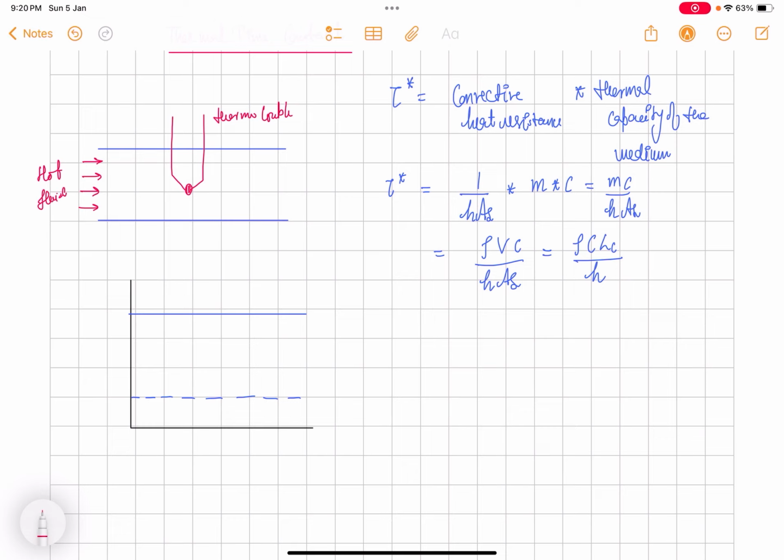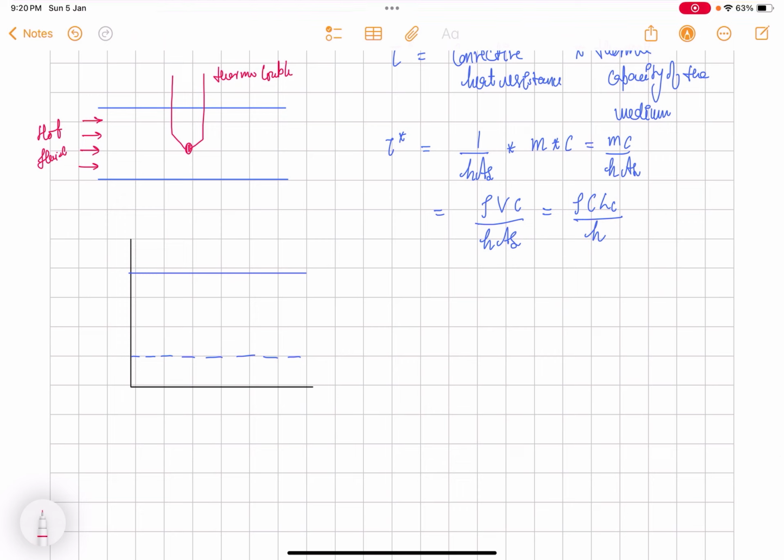Initially the thermocouple temperature is T0, at steady state. When the fluid interacts with this thermocouple, its temperature will rise, continue to rise, and after some time it will reach asymptotically the outside fluid temperature, which is T infinity here.